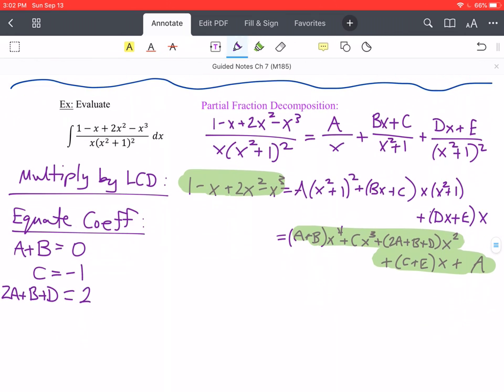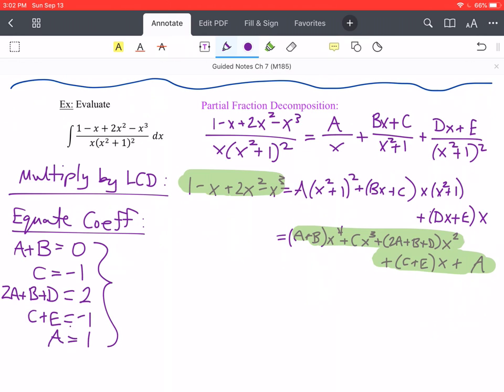For the x term, we get c plus e equals negative 1. And for the constant term, we get a is 1. So a couple of these values are already given to us here. We're given a and c, basically.